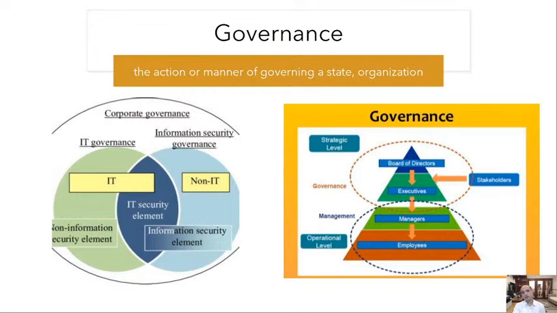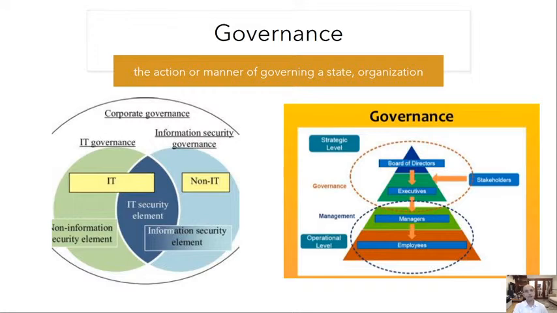Now governance can be of different types. The complete governance of the whole organization we call corporate governance. Then we can have IT governance and we can have information security governance. There's a big difference, because information security is a separate domain and IT governance is a separate domain, and both of them overlap because information may be within the IT systems or it can be outside the IT system.